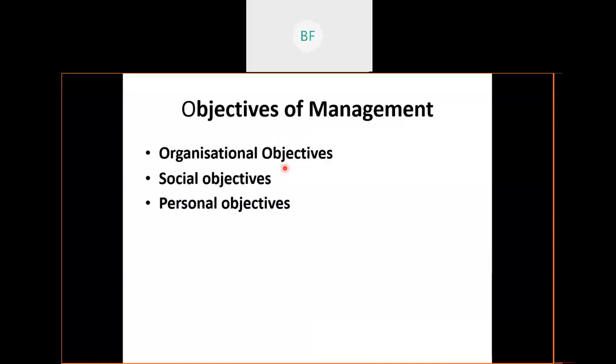The last one that we have here is personal objectives. Not every employee will come into the organization just to improve the organization. They will also have certain needs and wants, right? So the organization is supposed to compensate them.